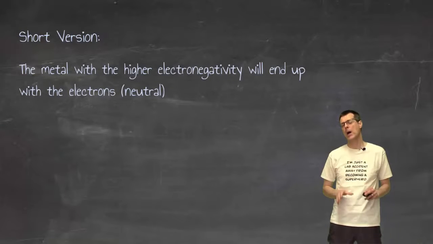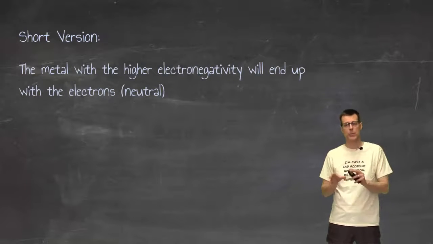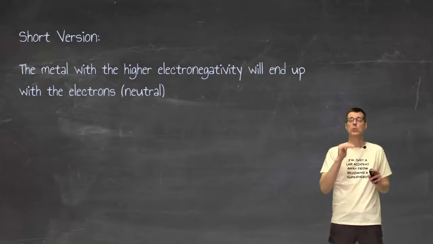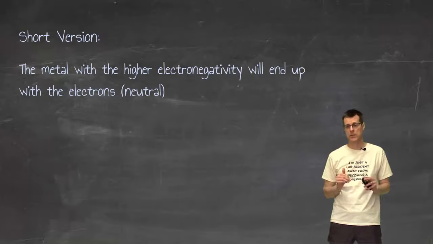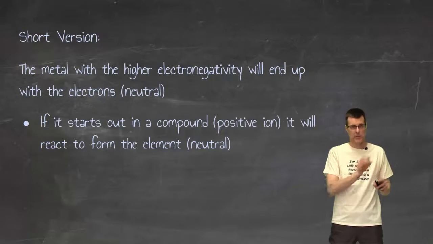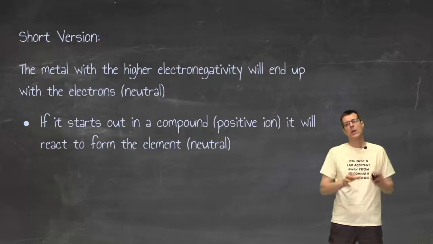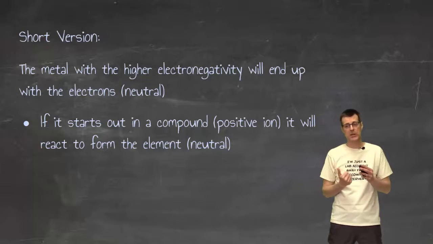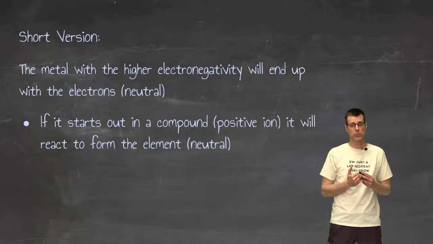The metal that has a higher electronegativity is going to end up with the electrons. It's going to end up in the neutral state because metals react by losing electrons. So if the metal starts out in a compound, as a positive ion, it will react to take electrons from something else and end up neutral.